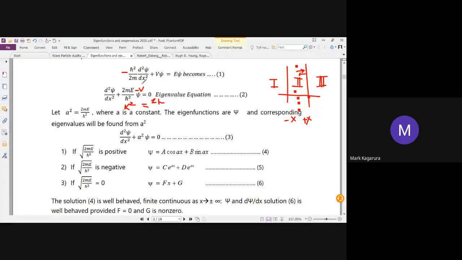Because it is E minus V, and our V in this case is 0. So E minus 0. If you multiply through, this will become negative.